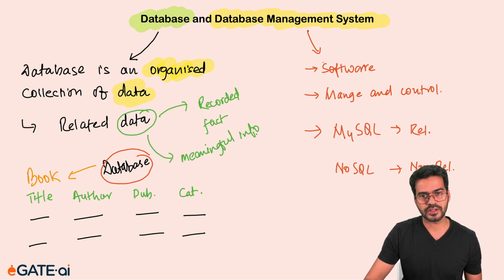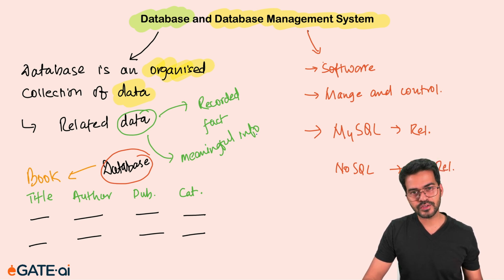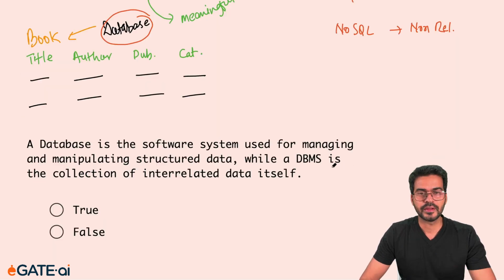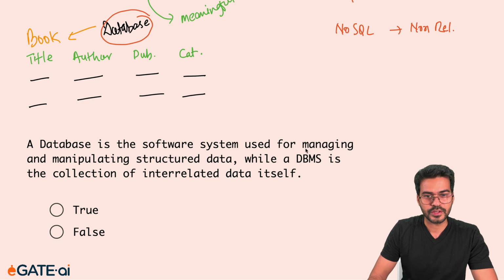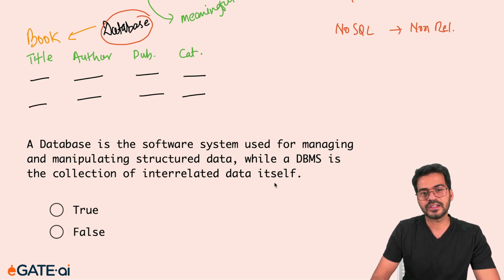Now let us try to solve the question which I asked at the beginning of this lecture. I believe now it should be pretty easy for you, right? It says database is the software system. That's where it is incorrect, right? A database is not a software system used for managing and manipulating structured data, while DBMS is the collection of interrelated data itself.